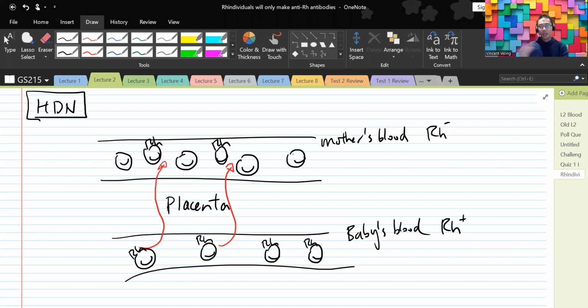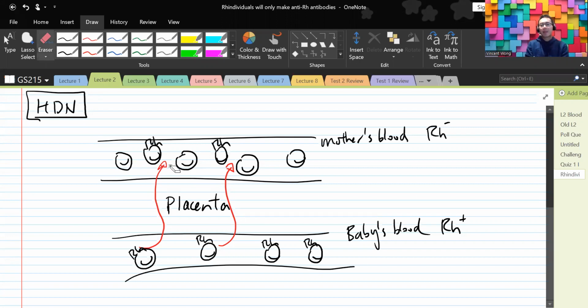But that's not going to happen immediately. It takes about 1 or 2 weeks for the antibodies to be produced, right? Think about the last time you got sick. Before you start feeling better, you're going to be feeling lousy for 4 or 5 days or even a week, right? That's the time it takes for your antibodies to be produced and fight off the disease.